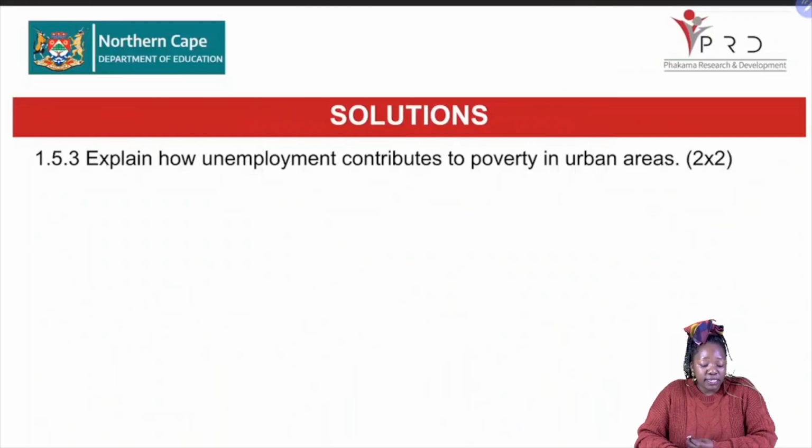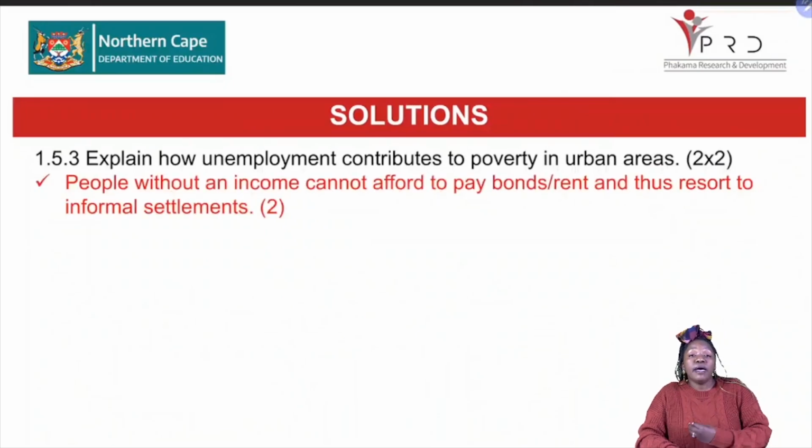Then looking at our question 1.5.3, where you're supposed to explain why unemployment contributes to poverty. Remember, if you are not employed, it means you cannot buy food. So obviously the people without income cannot pay the bonds. They cannot rent the places.